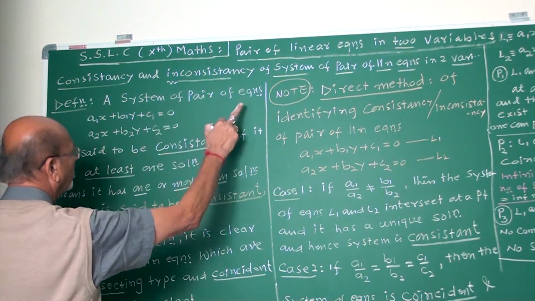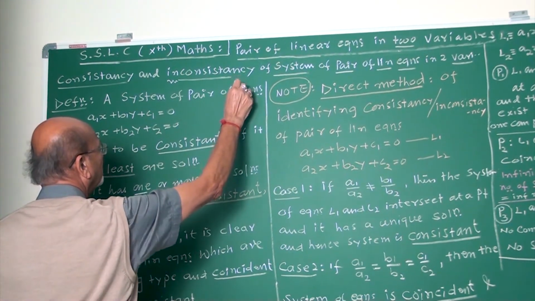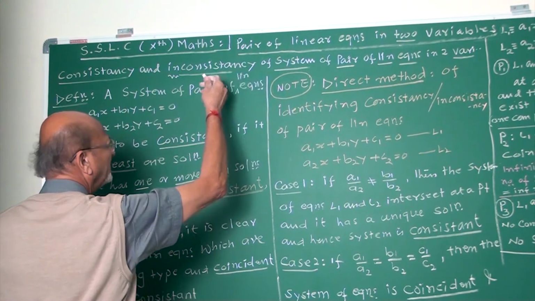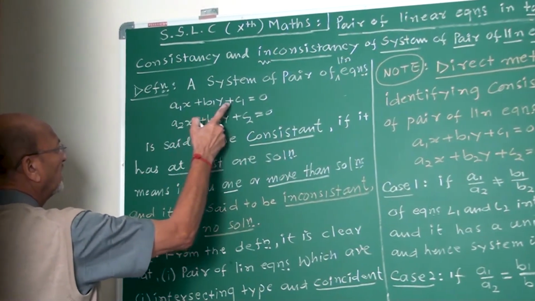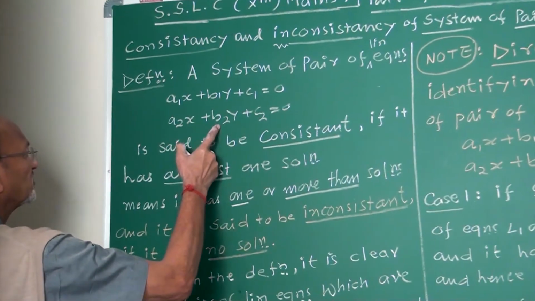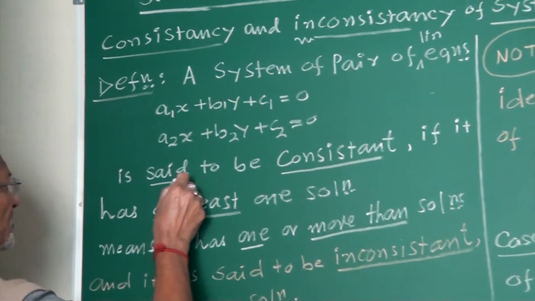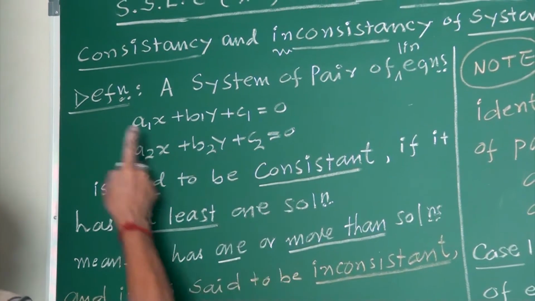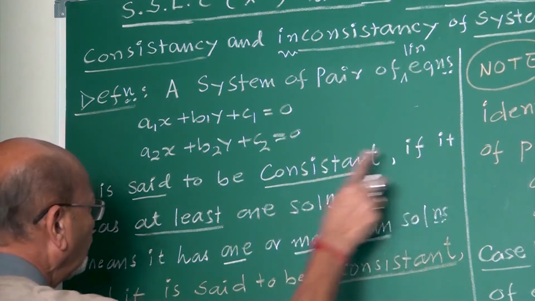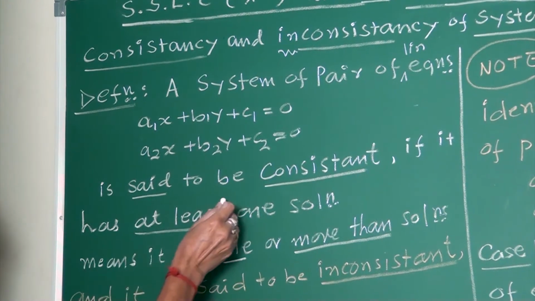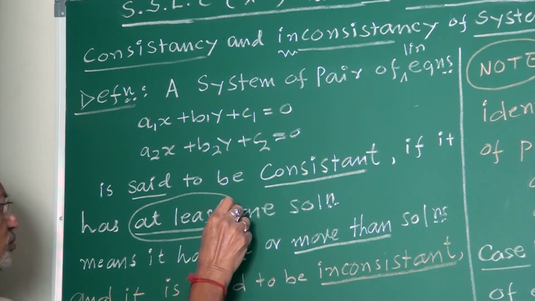A system of a pair of linear equations in two variables, namely a1x + b1y + c1 = 0 and a2x + b2y + c2 = 0, is said to be consistent if it has, and this is a very, very important phrase, at least one solution.